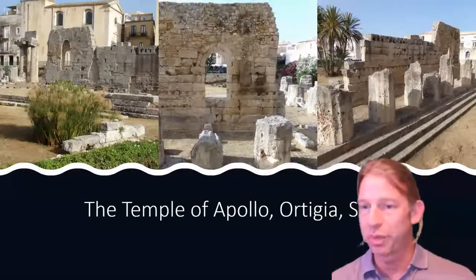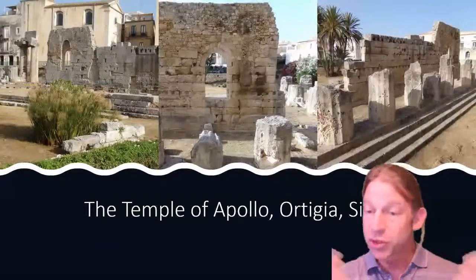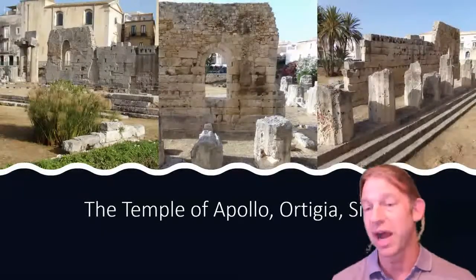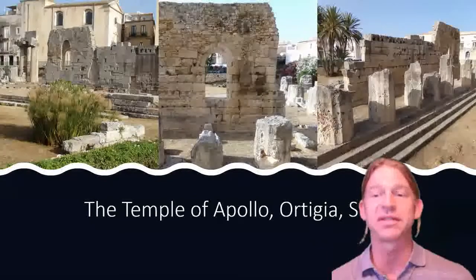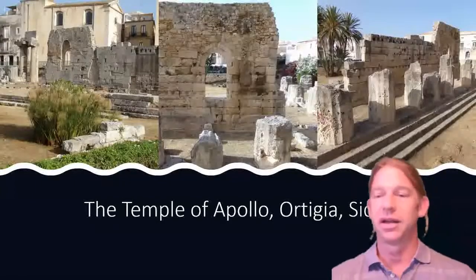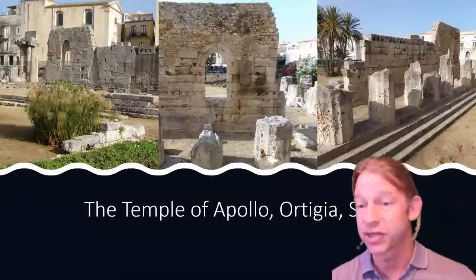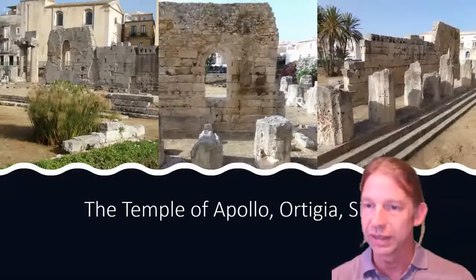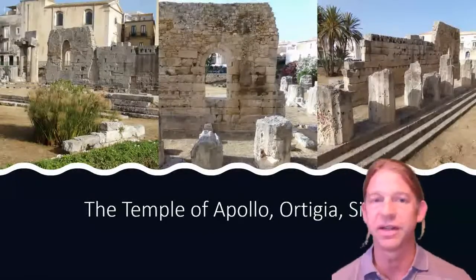It was controlled by Muslims, particularly the Saracens. It was influenced by the Normans. Yes, the Normans, the same Normans that founded modern England, and of course later controlled by the Spanish and so on, before the unification of modern Italy, which doesn't occur until the end of the 19th century.